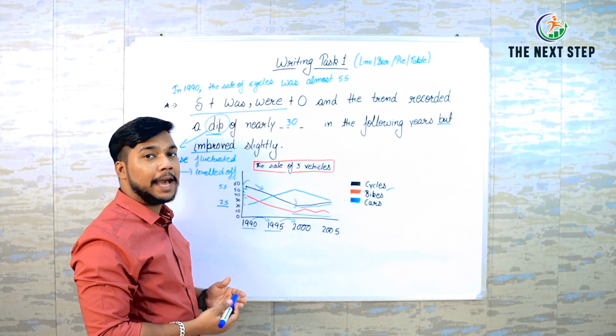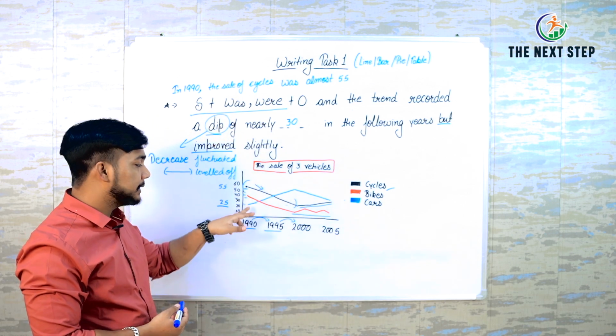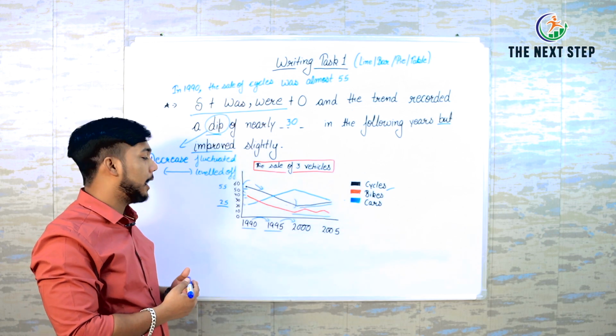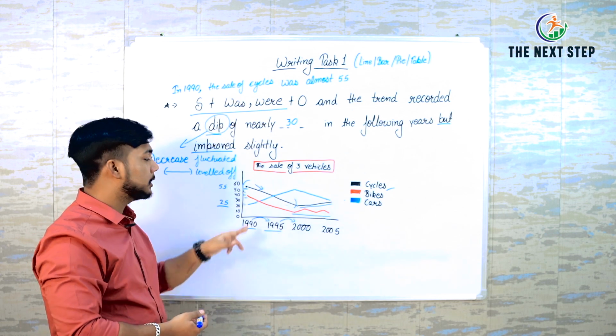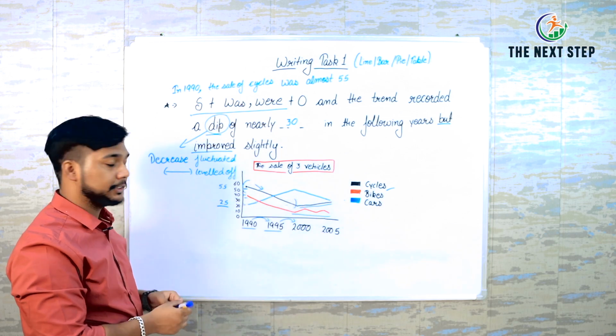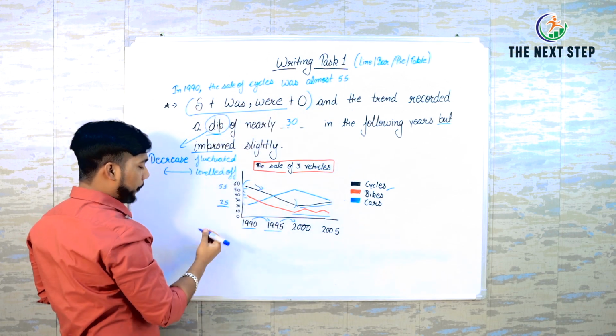If you wish to add increase, the data related to increase. For example, if we can see the data for cars, we can have an increase in the following years. So how can we write this sentence? Simple format again we will follow.